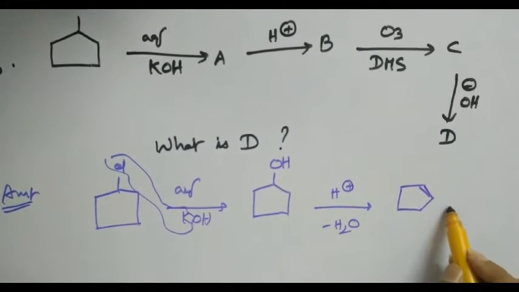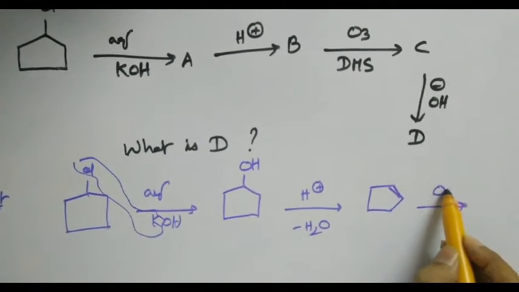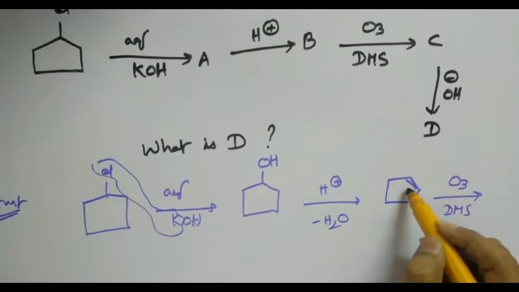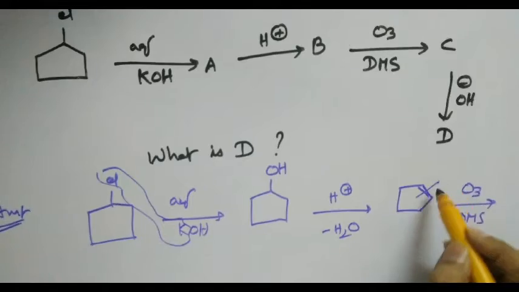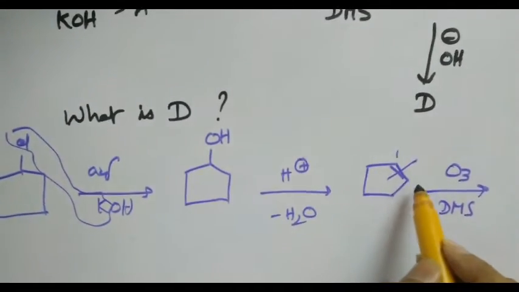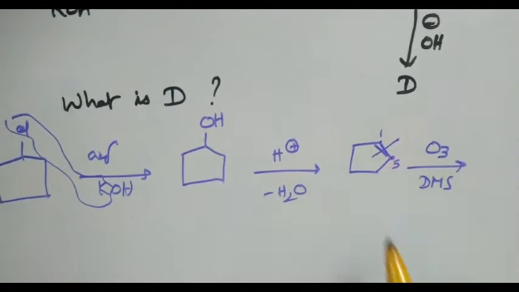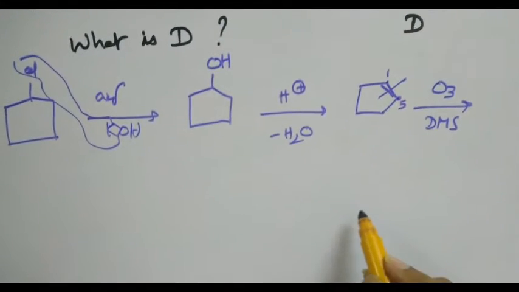This cyclopentene is now subjected to reductive ozonolysis, very important. During ozonolysis, I told you, you need to rupture the C double bond C and put a double bond O at this carbon and also a double bond O at this carbon. Again we get a 1,5-dialdehyde.